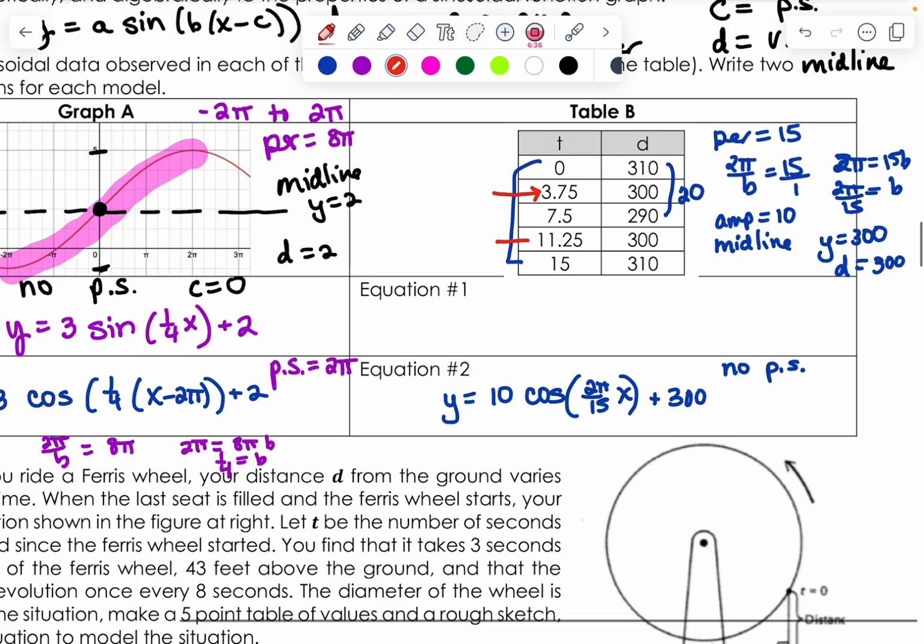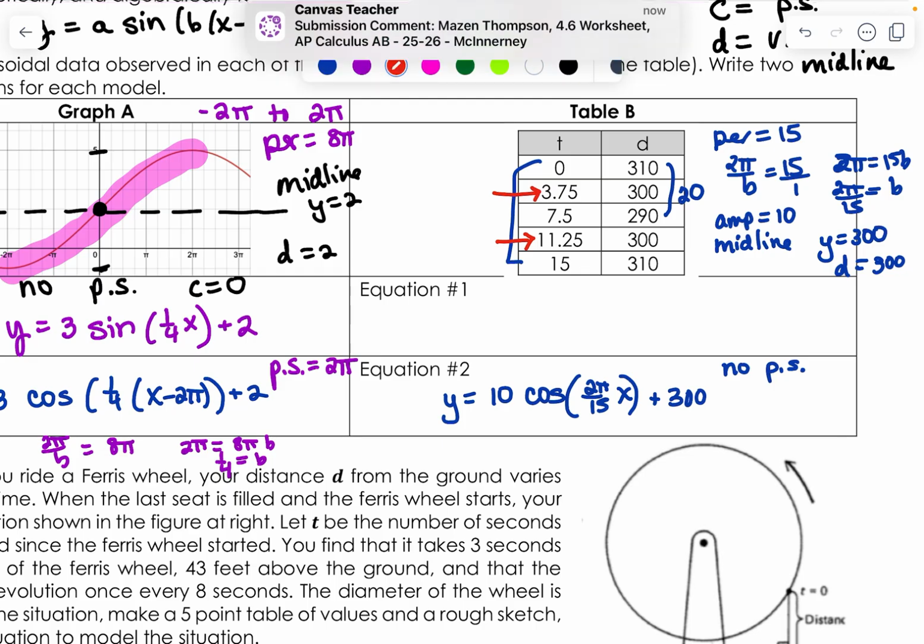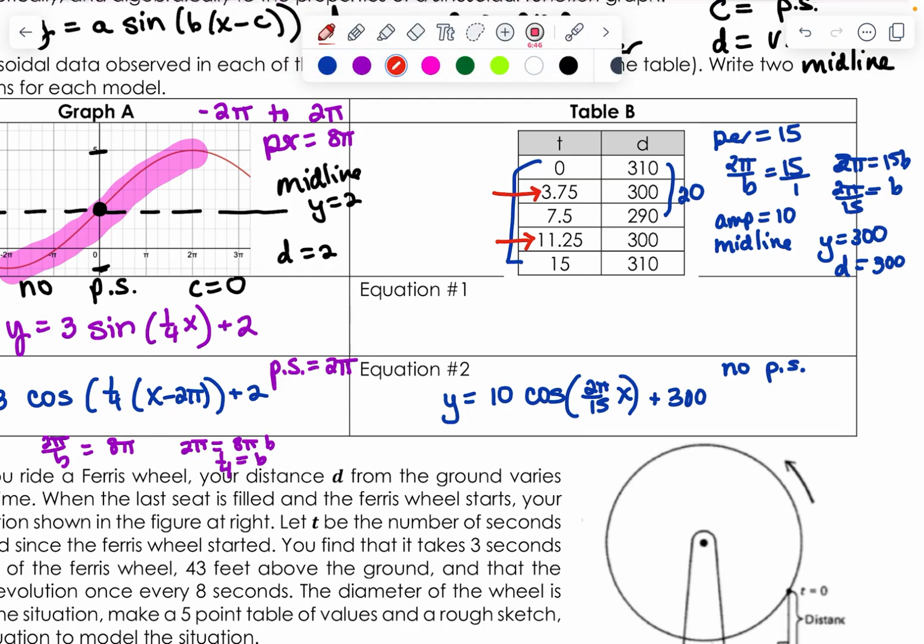If I go all the way to 11.25, then the sine is going up. So I'm going to go with that one, a phase shift of 11.25. So this will be y equals 10 sine 2 pi over 15 x minus 11.25 plus 300.